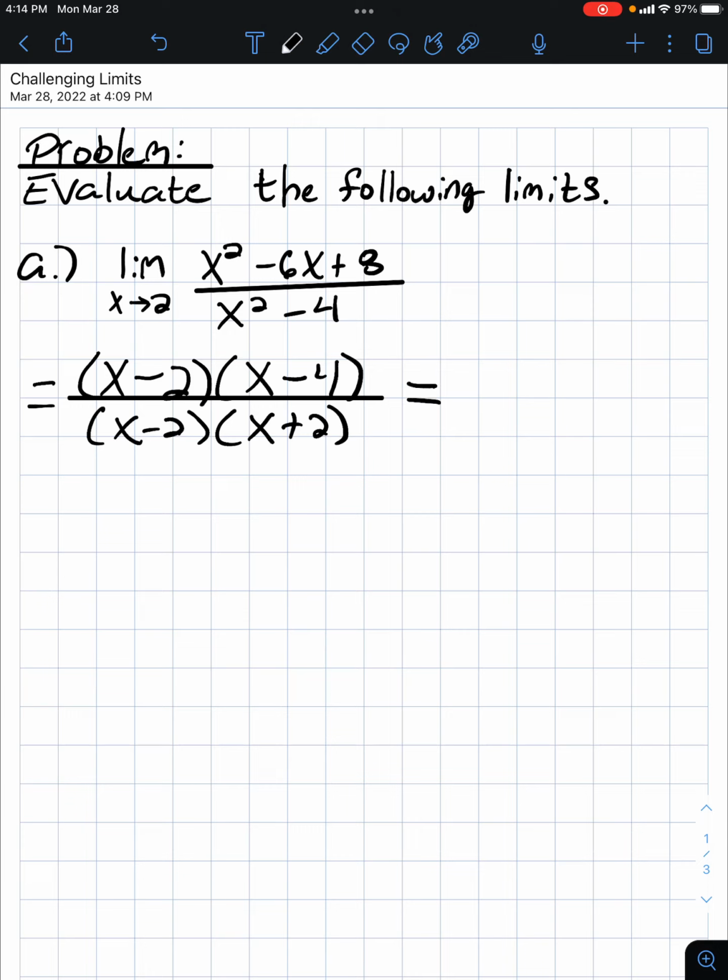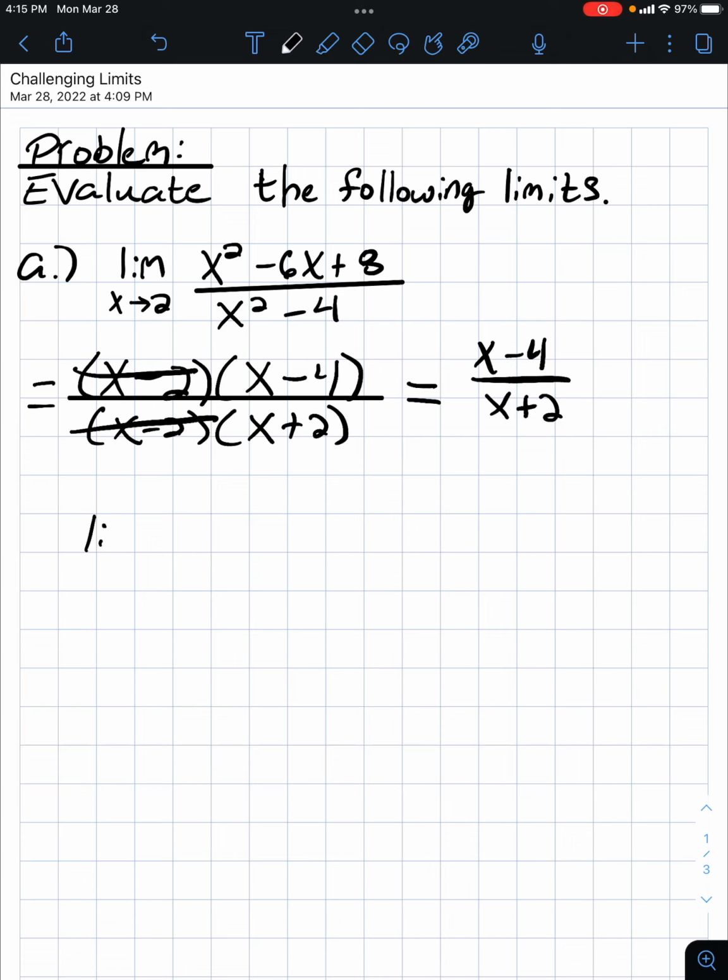And if we simplify, or cancel out like terms, we get x minus 4 in our numerator and x plus 2 in our denominator. So now if we check again our denominator to see if the limit as x approaches 2 does not equal 0, we just plug in 2 and we get 4 in our denominator. Therefore, a limit exists.